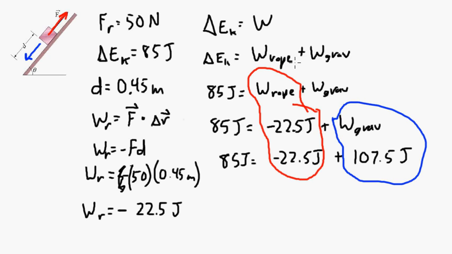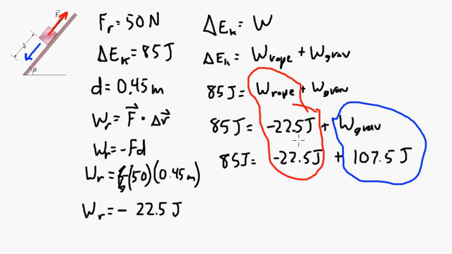So then the block would have gained kinetic energy solely due to the work done by gravity, and so its kinetic energy would be 107.5. But what they want to know is how much more it gains with no rope than what it gained with the rope. So the difference is actually just the work the rope did, or the negative of the work the rope did.